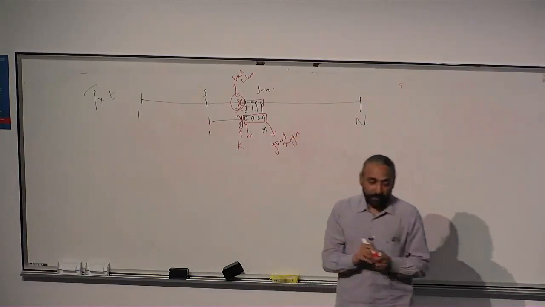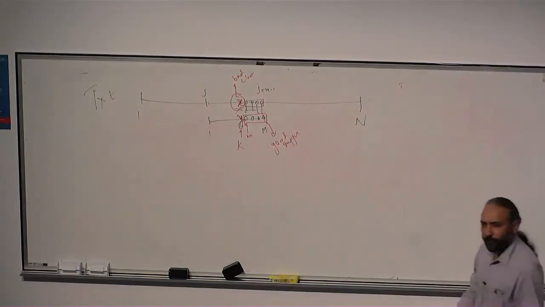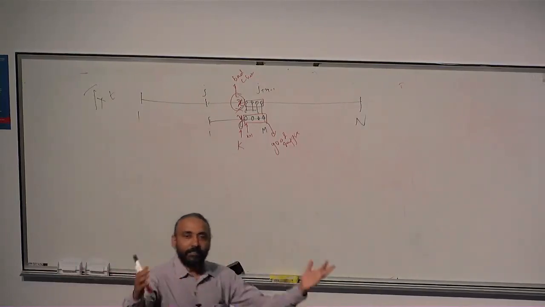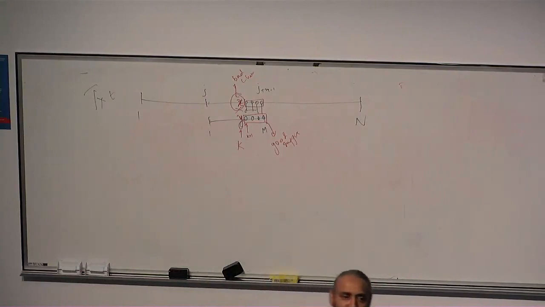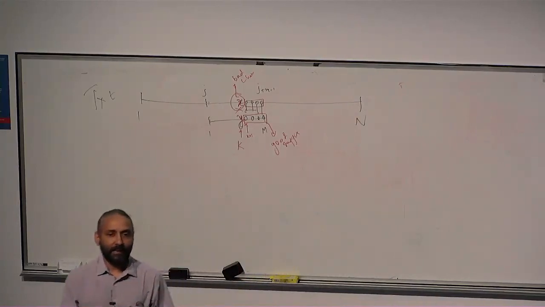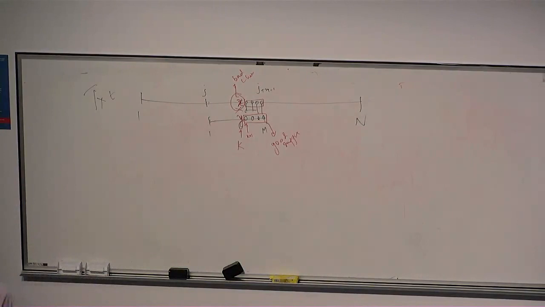Now, what's the motivation of the bad character and good suffix shift rules? Now think about, you are the chairperson of a committee. You have two experts. One expert is a bad character expert. The other person is the good suffix expert.